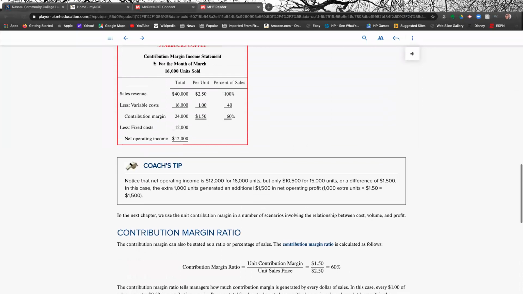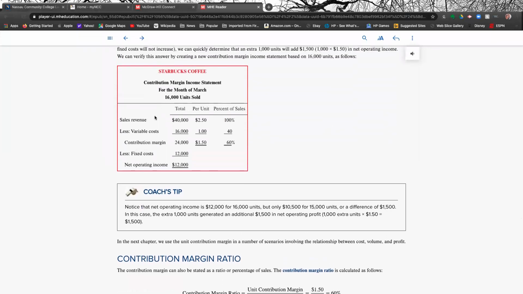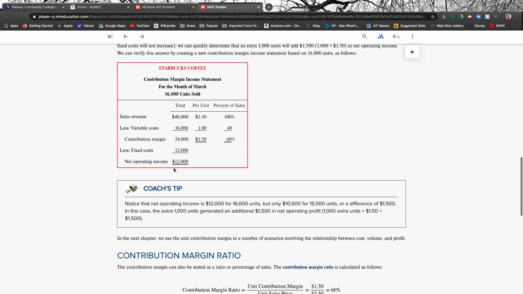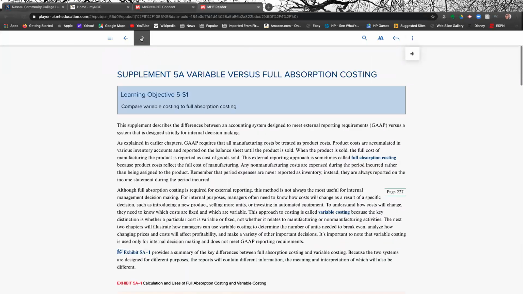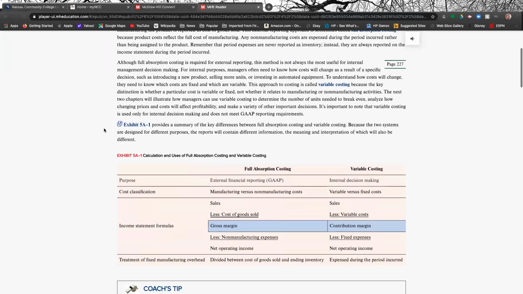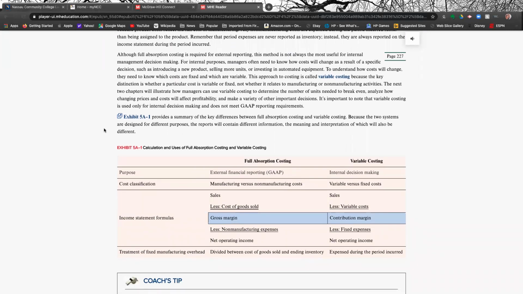So what does a contribution margin income statement look like? It looks like this. It's sales minus variable cost is contribution margin minus fixed cost, net operating income. All right, now if we compare that to the income statement that we've learned how to prepare for quite a while, right?